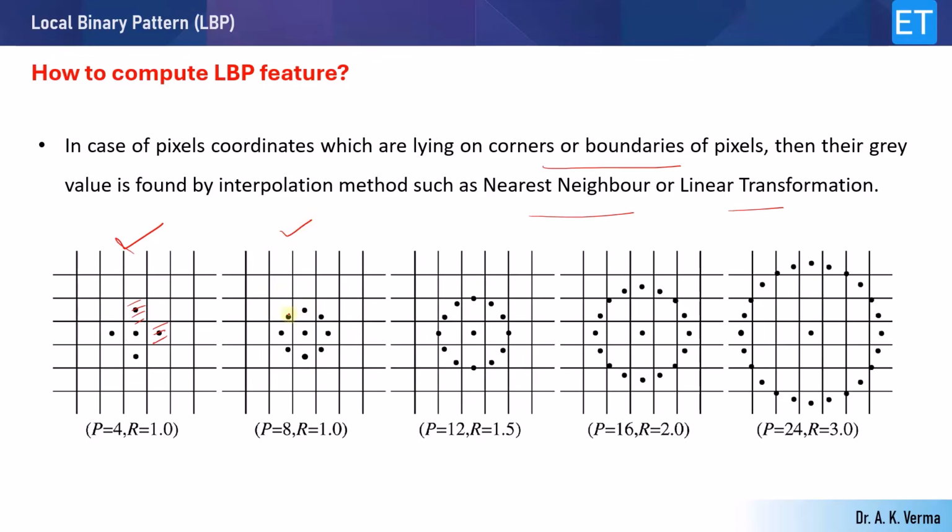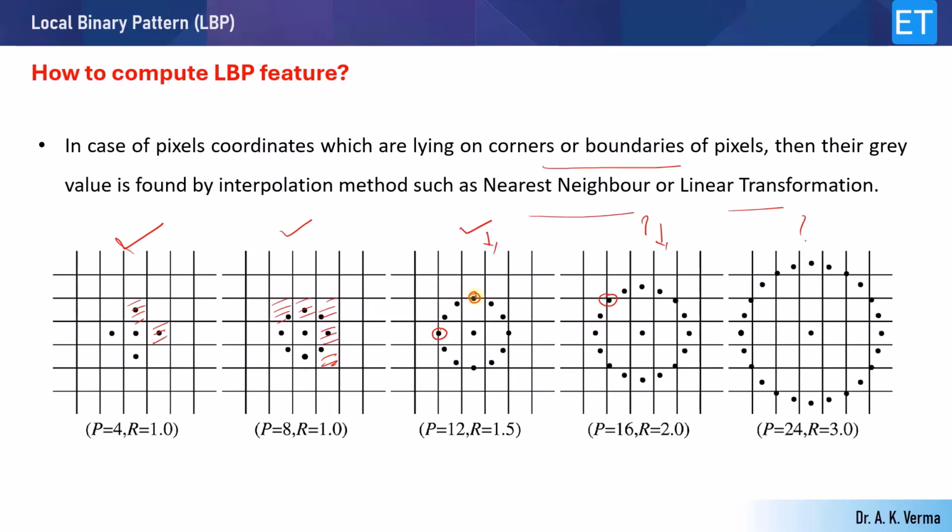Obviously, here there is no problem. You can clearly select the gray values of these 3 by 3 pixels, right? But now consider this case and this case and this case. Here you can see that a few pixels or neighborhood points are lying on the boundary like this, or they are lying on the corner.